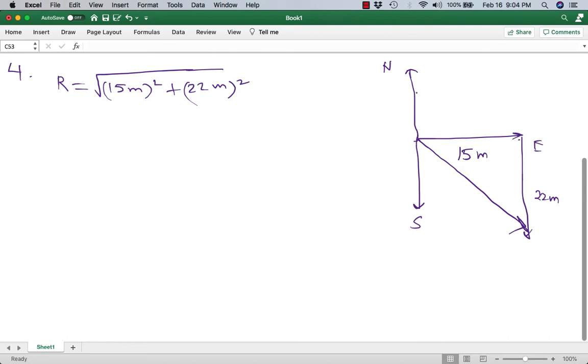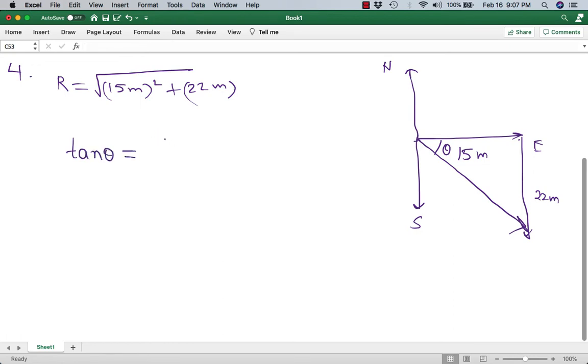And then at what angle in degrees south of east is a line connecting your starting point to the final point. South of east is this angle. Okay, so south of east. Let's take the tangent of theta.